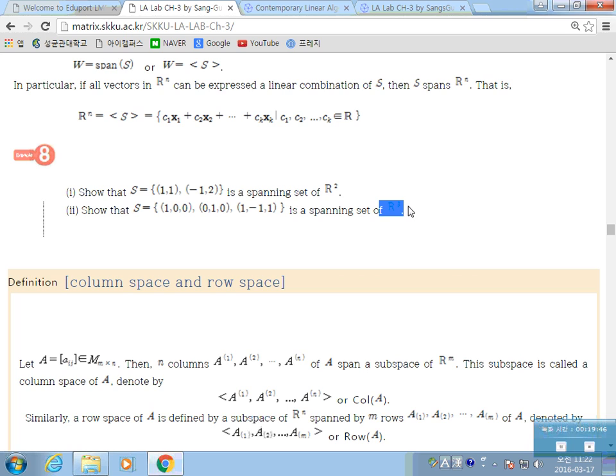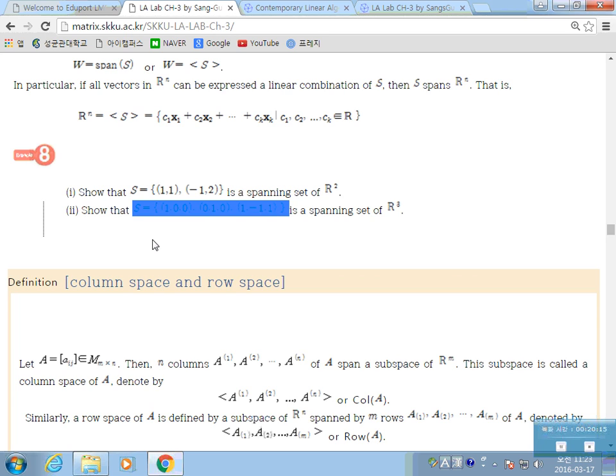How can you show that? Choose an arbitrary vector here, x, y, z. Write the vector x as C1 times this plus C2 times this plus C3 times this, and just solve it. Then you will see, since the RREF of these three vectors is the identity matrix, you can always find a unique solution for that.